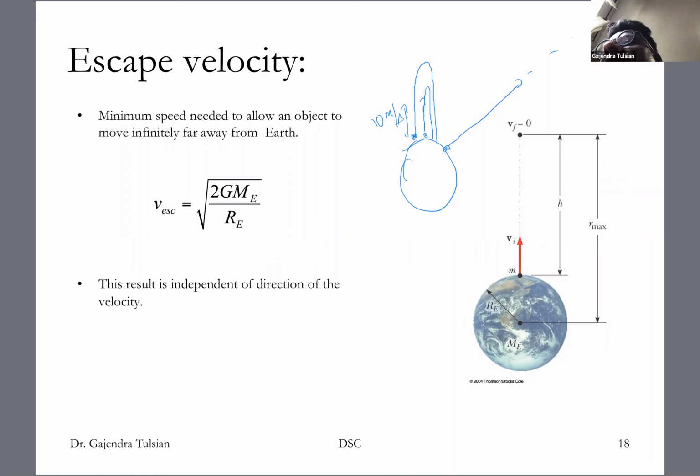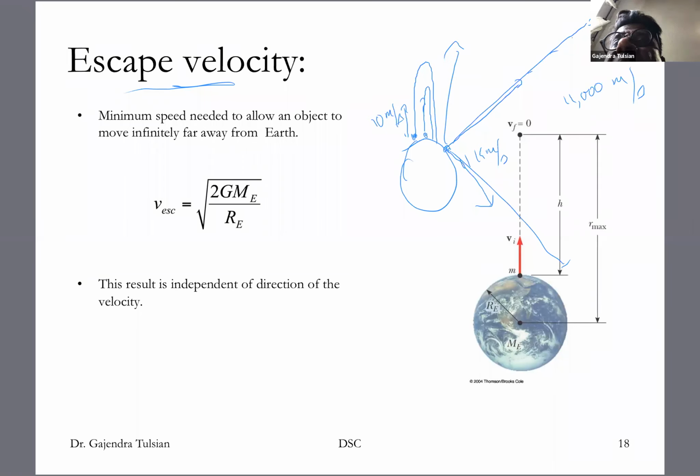Now it turns out if you throw an object at 11 kilometers a second, that is 11,000 meters per second, then the object will never come back. And that is escape velocity from the surface of the Earth. If you're throwing something at this speed, you can throw it in any direction and it'll never come back.